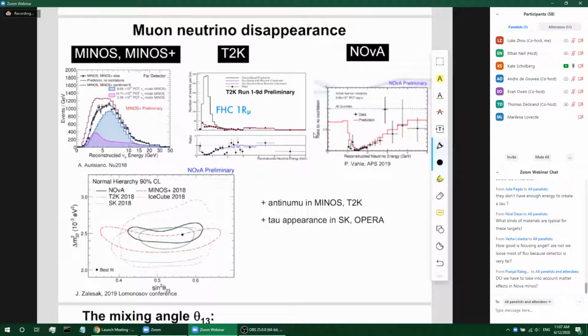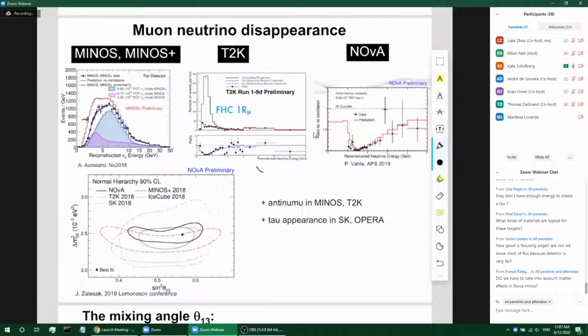They might look complicated, but really most of them have some kind of solid line showing, like this red line here, the expectation with no oscillations. The data is clearly reduced. There's a deficit, and it's an energy dependent deficit, which is consistent with disappearance.